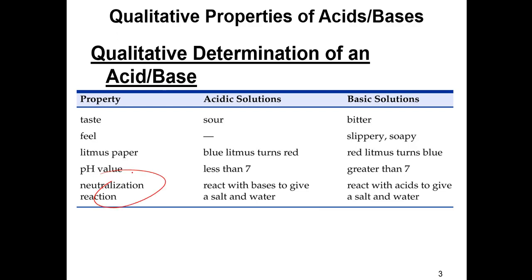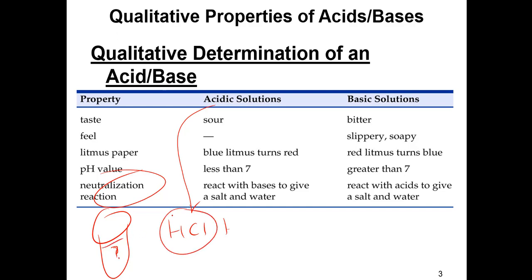And then we can do a neutralization reaction. Usually we have to do this with strong acids and bases. So we'll get into what those are. But as an example, if I have hydrochloric acid and I had some unknown beaker and I didn't know what it was, then I could mix that hydrochloric acid in there. And let's say the unknown is actually a base, such as sodium hydroxide.